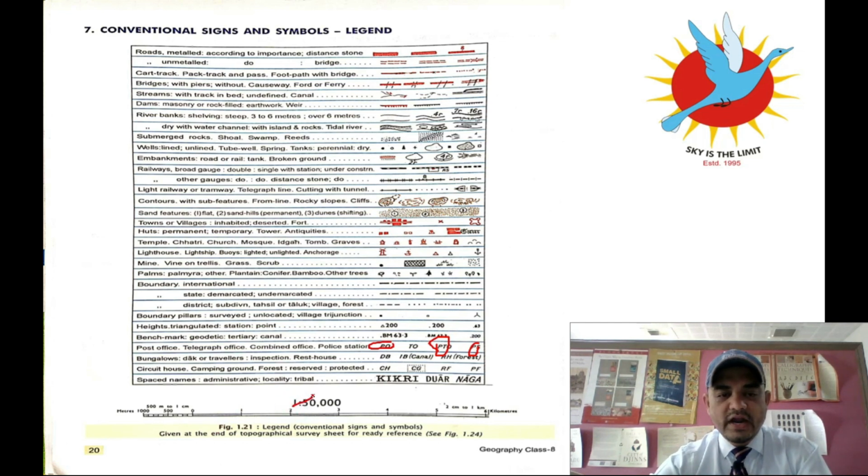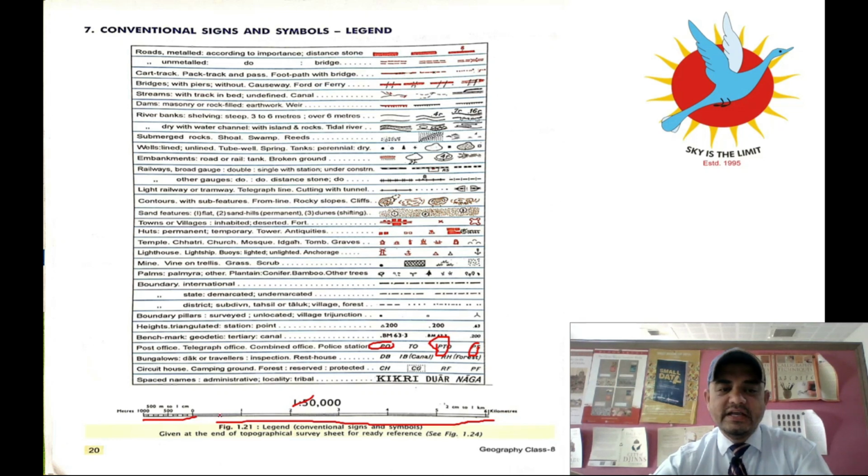Now you have to know that this is your RF 1:50,000. This one is called the subdivision and this one is called the division of the scale. Three methods are there to represent the scale. Listen carefully. One is the RF method, representative fraction.